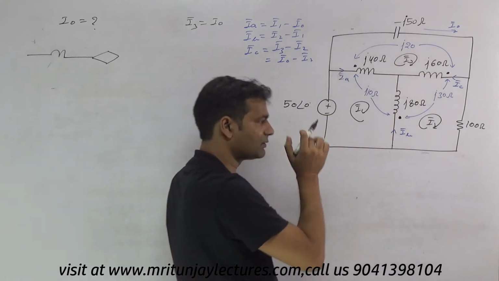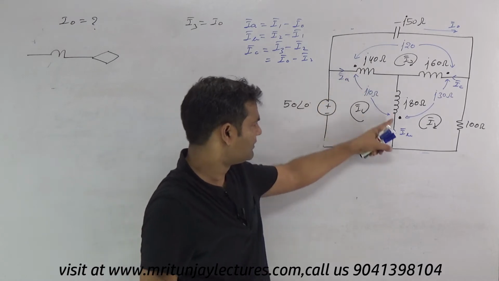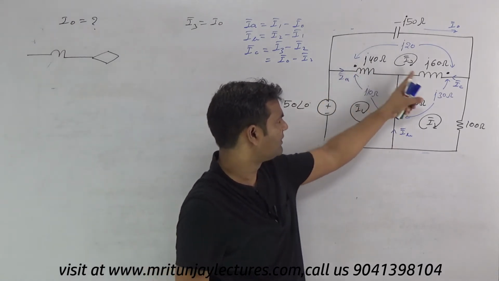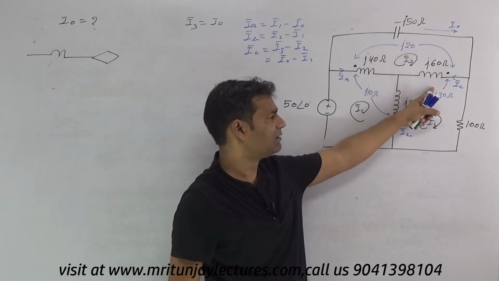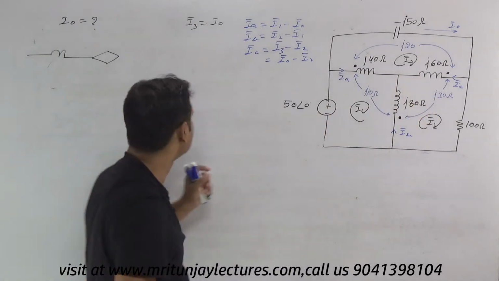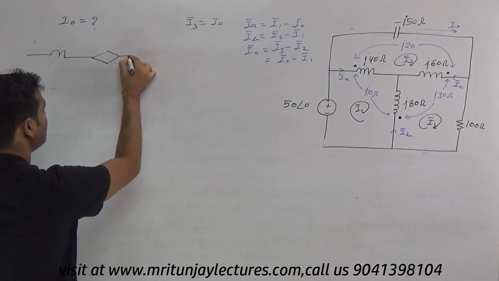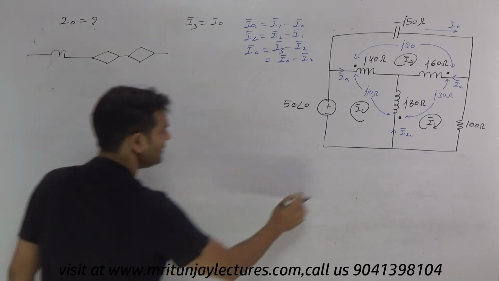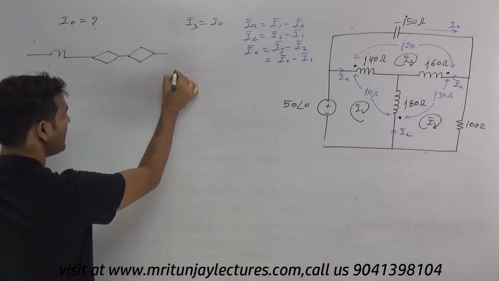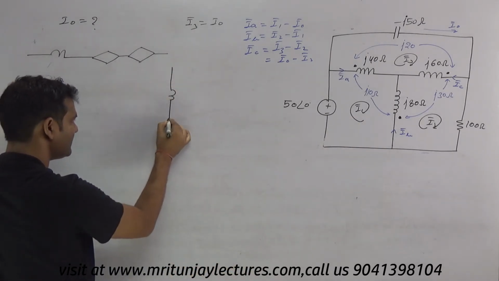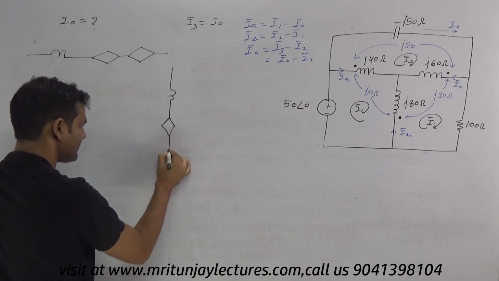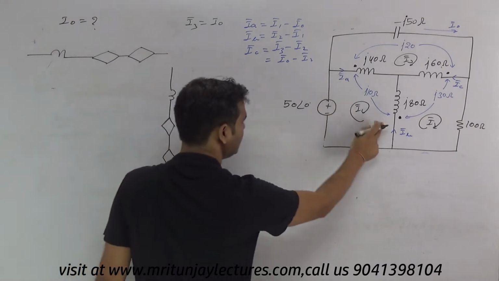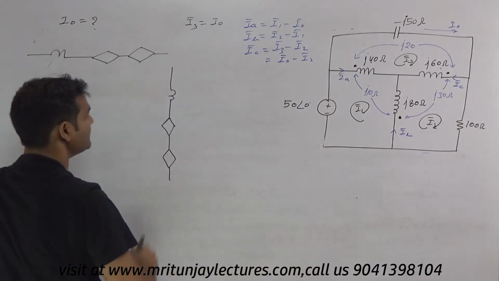It means two effects: one field effect, mutual effect on this one, and one IA field mutual effect on IC. So make it like this. Again similarly this one is also, if you want to make, effect on IA and effect on IC.